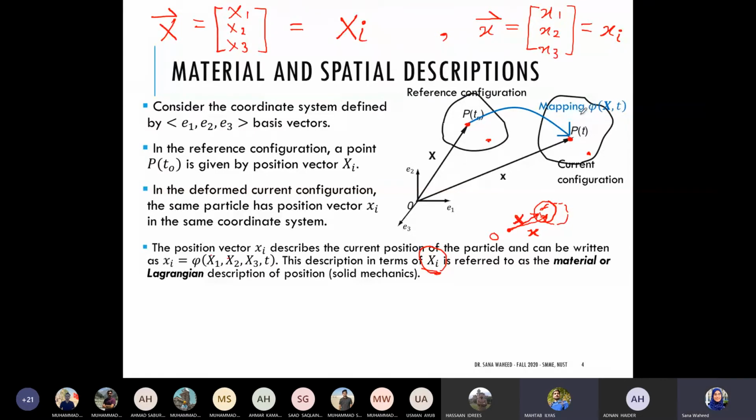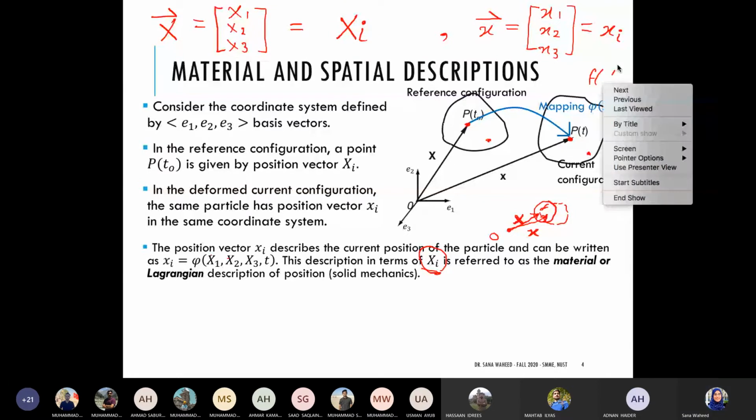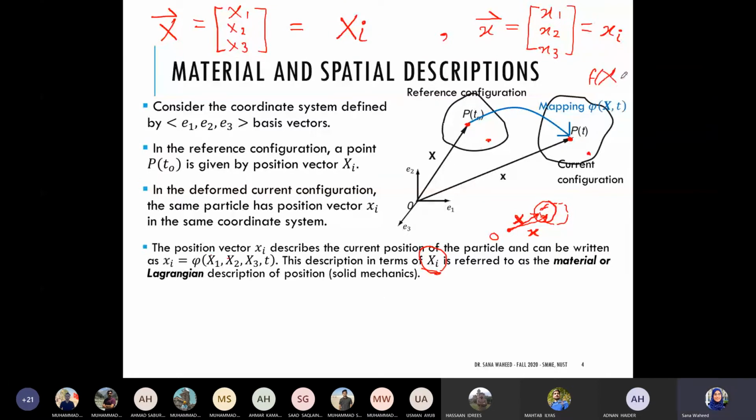One second, sorry for that confusion. This phi here is a function, it's not a scalar, it's a function of X comma t. So, ma'am, you are trying to say that this phi is a function of initial position and time.